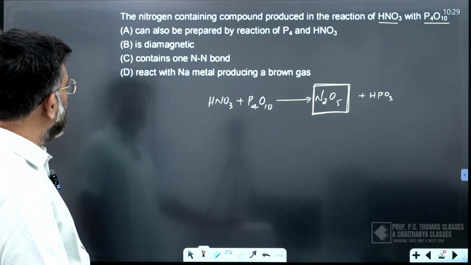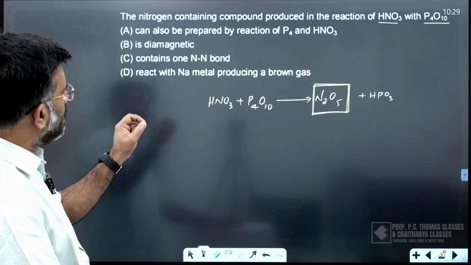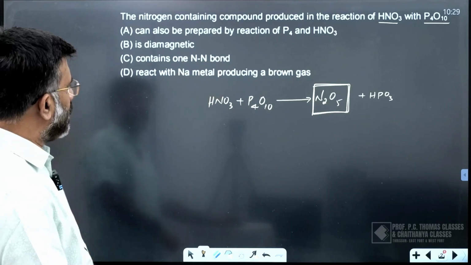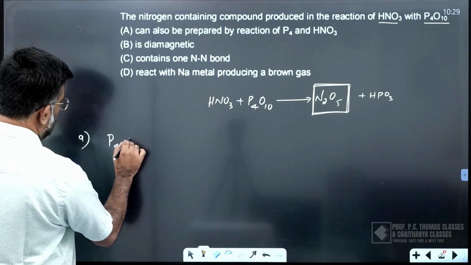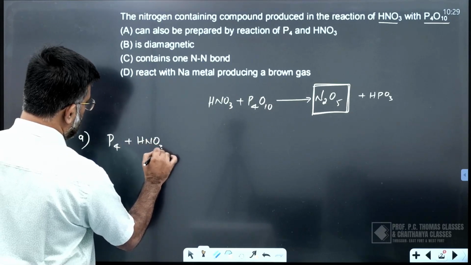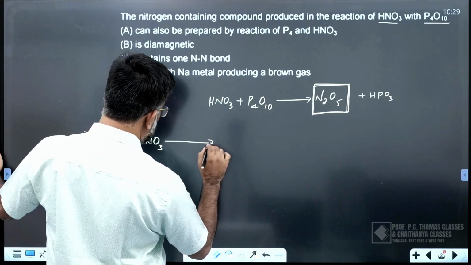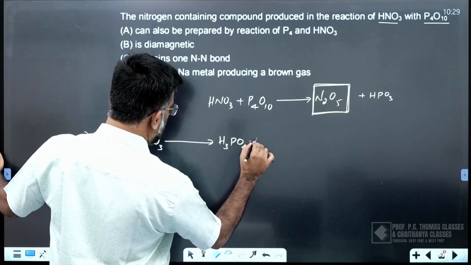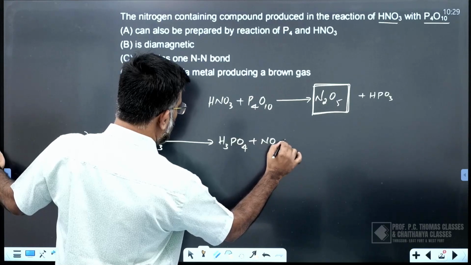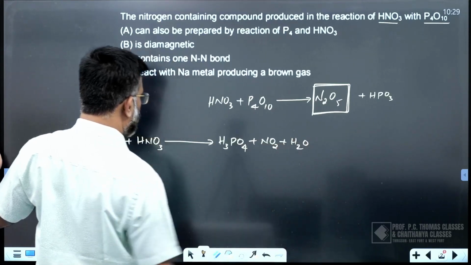Now look at option A. It can also be prepared by the reaction of P4 with nitric acid. What is the reaction of P4 with nitric acid? Phosphorus is oxidized to H3PO4 and nitric acid is reduced to NO2 along with the formation of water.